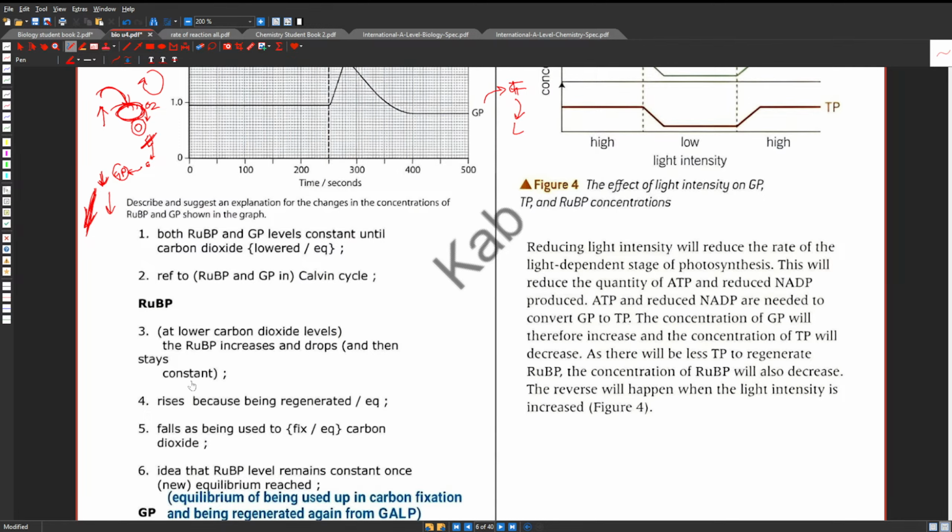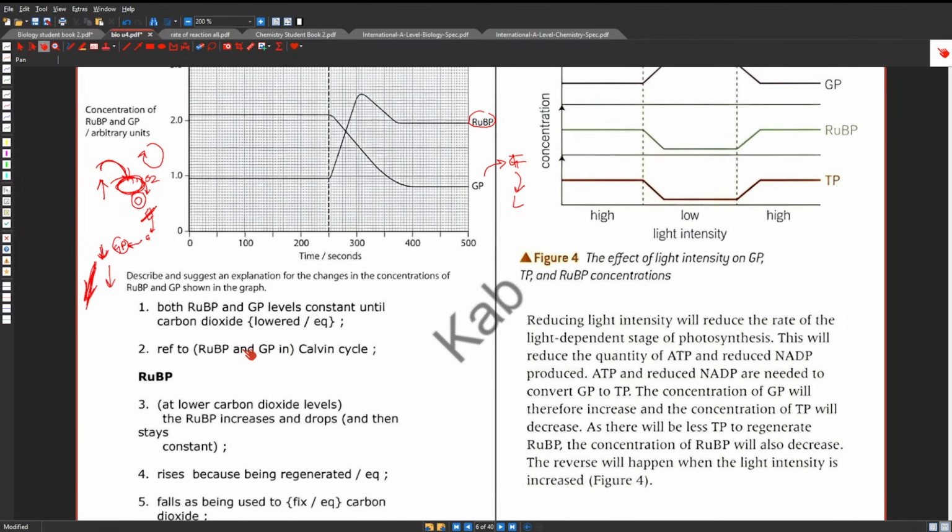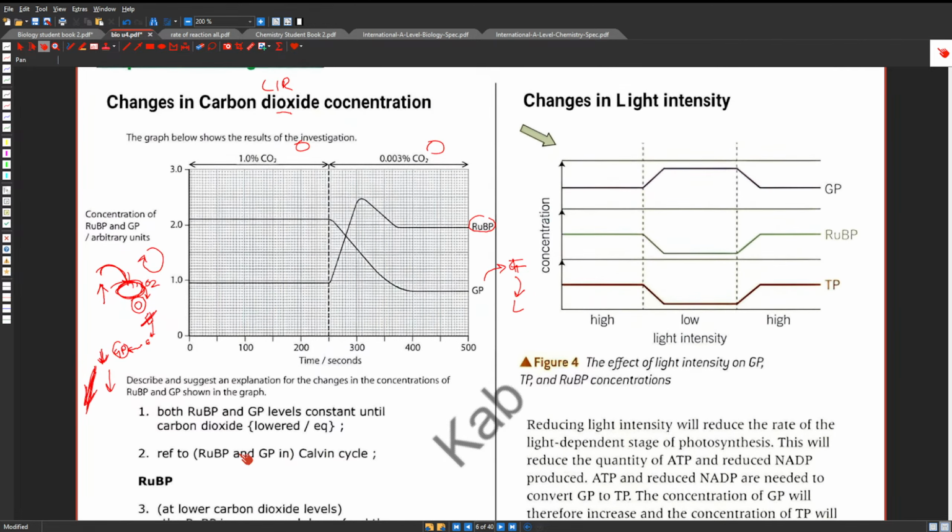It rises because it's being regenerated, and falls as it's being used to fix carbon dioxide. See, the fact of the matter is that there is still some carbon dioxide here. Okay, that's my mistake. There's still some carbon dioxide here, so your carbon fixing is still going to occur, but of course at a lower rate.